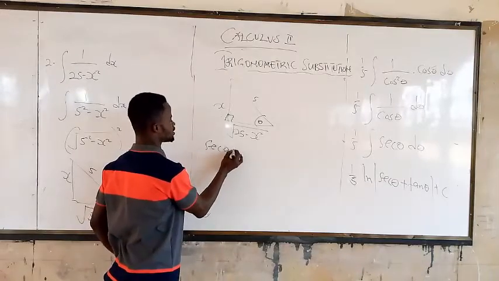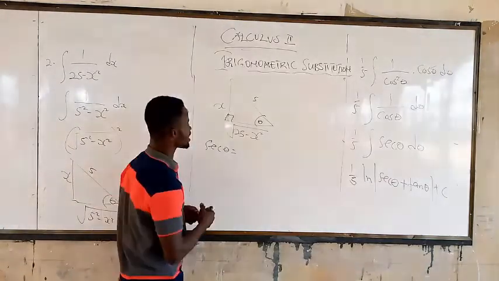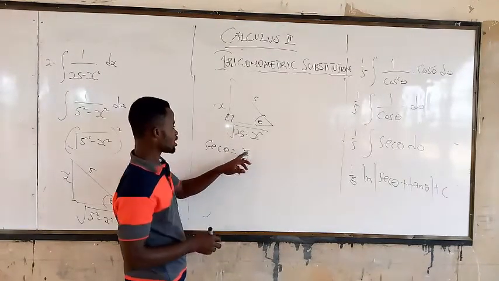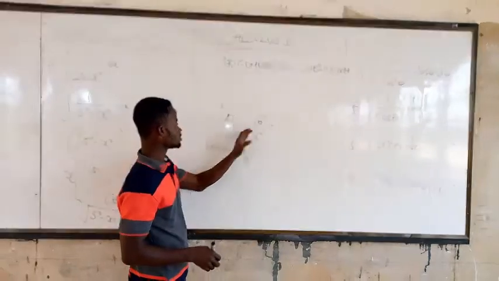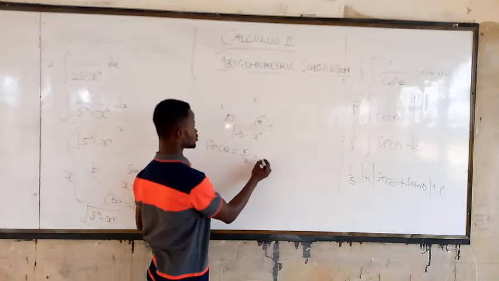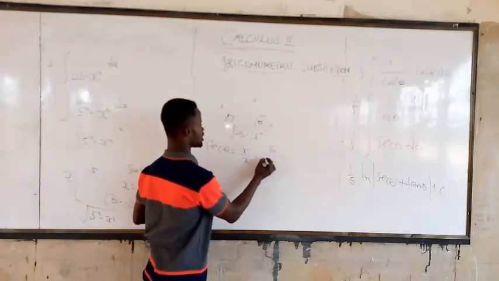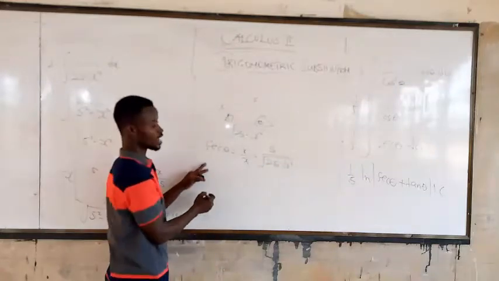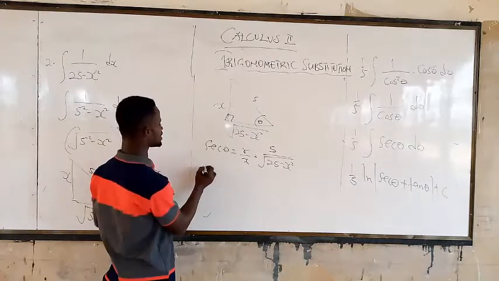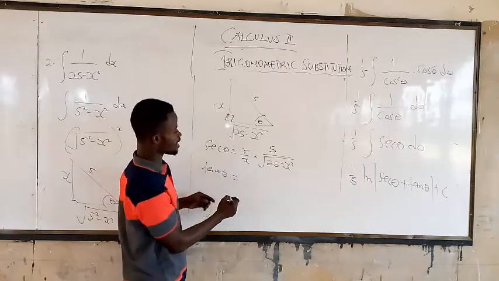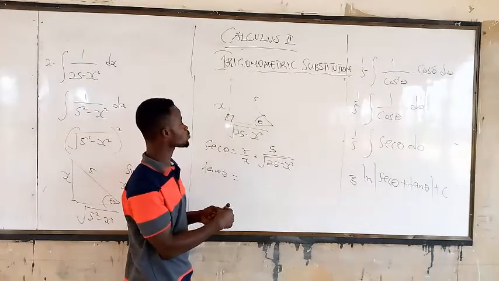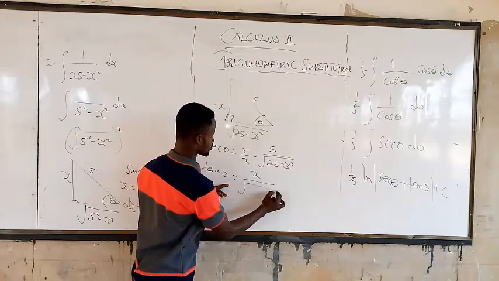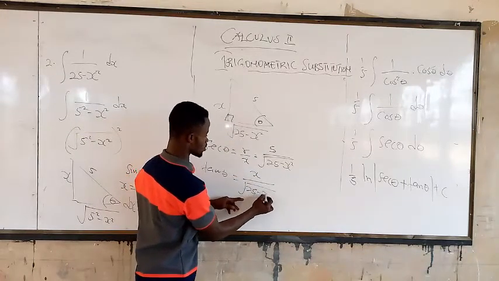Sec theta is r over x, the hypotenuse over the adjacent. So here we get 5 over the square root of 25 minus x squared. Then tan theta is y over x, opposite over adjacent, and that is x over the square root of 25 minus x squared.